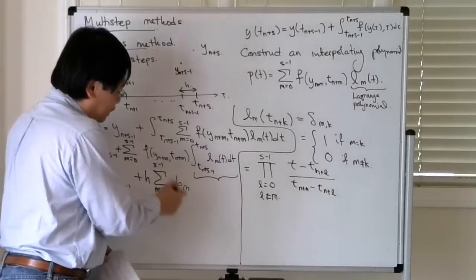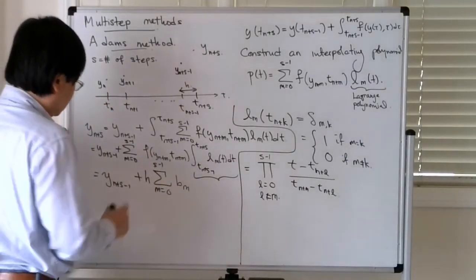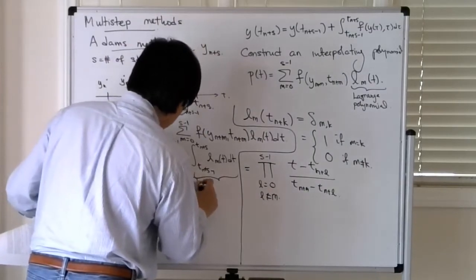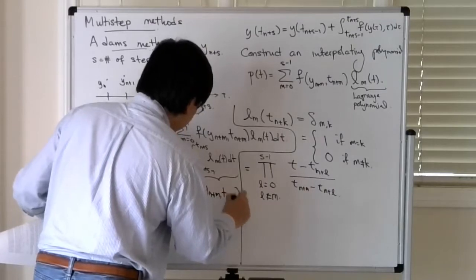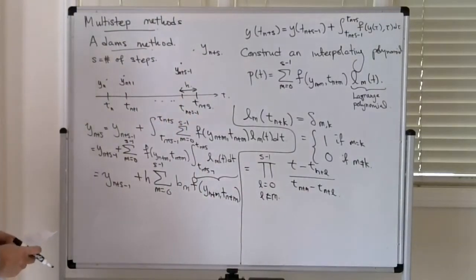The advantage of doing that is that this b_m will be a constant. And then you have f(y_{n+m}, t_{n+m}). So that's the kind of method you get.